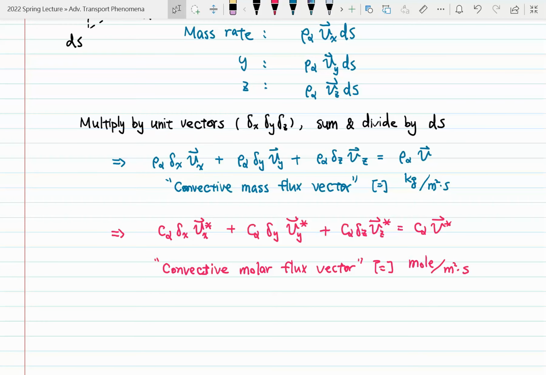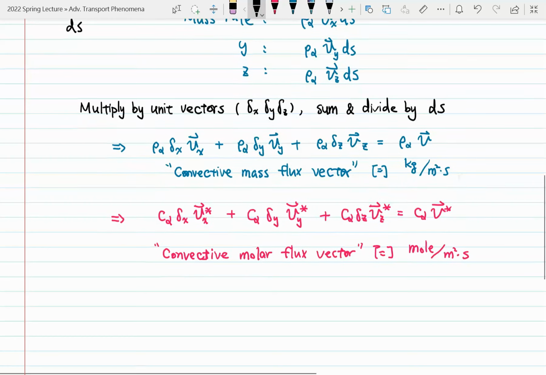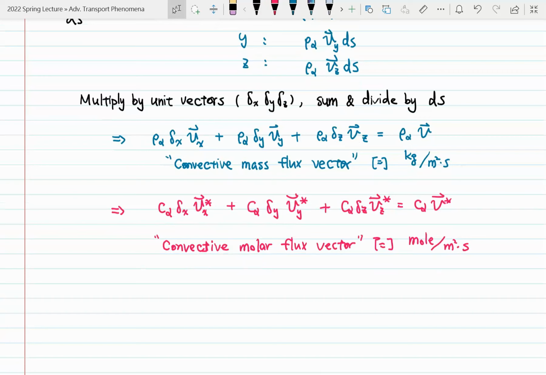Okay, and again, like we did for the energy transport part, the convective energy transport, if you would like to know convective flux across a unit surface, you basically just need to find a dot product between the flux vector and the normal vector of that surface.